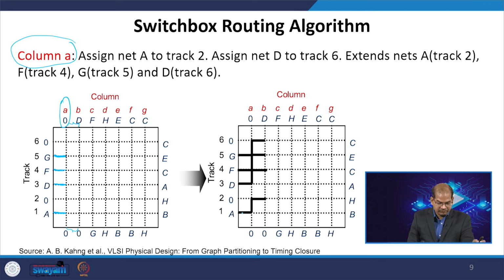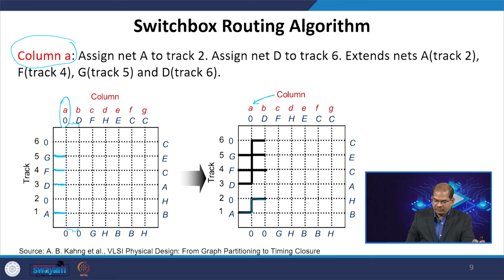So, it starts from track 1 and moves to track 2 in this column A. This is the routing possible for column A, till this point. What I am doing here is moving A, and this jog is introduced to move to track 2.